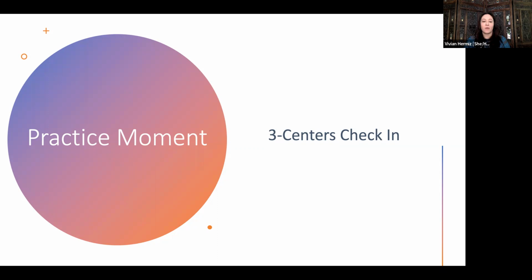Now shifting our awareness down into our upper chest, our heart, our belly, to check in with what sort of emotions are here right now. You might find a couple.